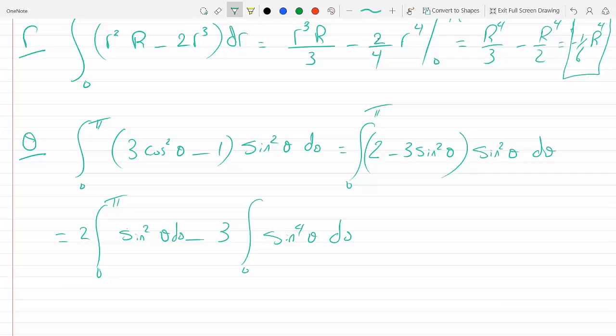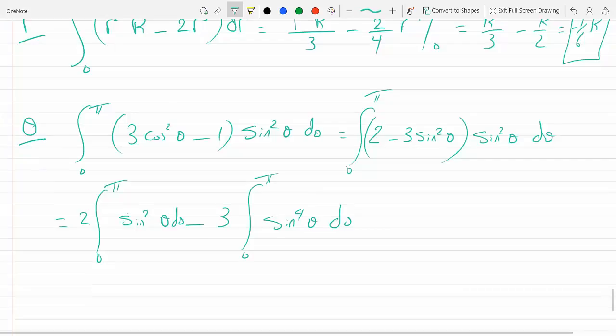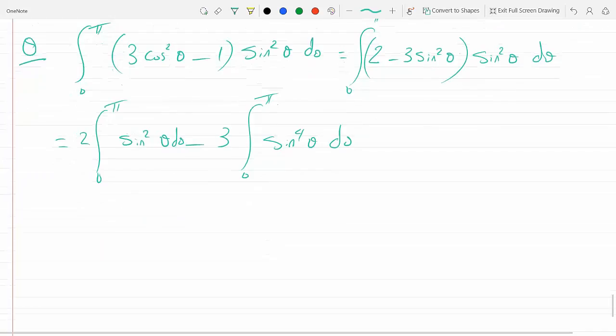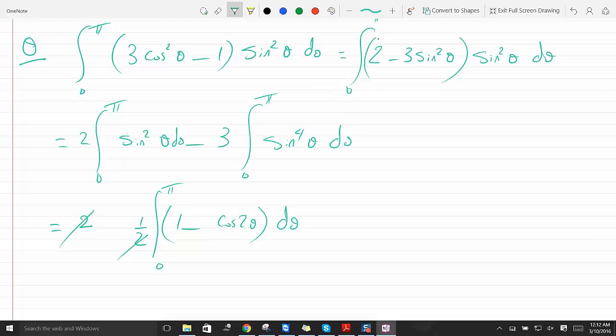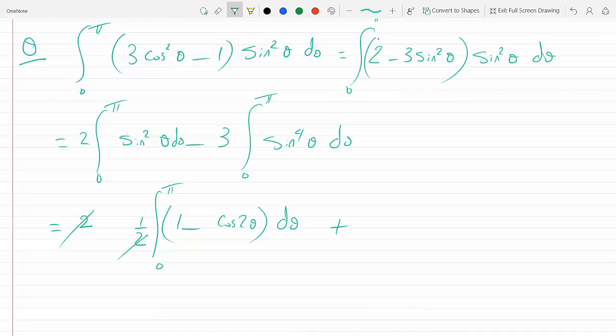0 to pi. Now, these are easy integrals if you know how to do them, basic calc too. Sine squared is 1/2 1 minus cosine 2 theta d theta, and I can cross this 2, this 2, from 0 to pi. The sine to the 4th, first you need to turn it into sine squared squared.